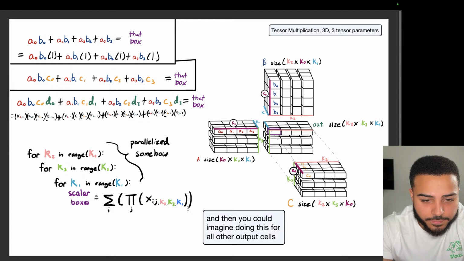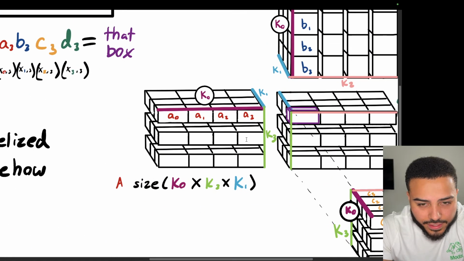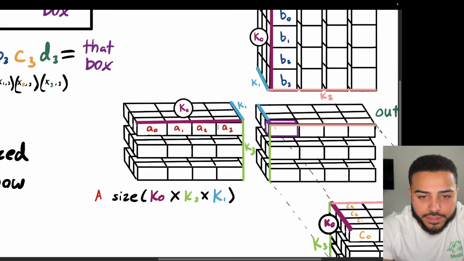I'll just point to one more. If you incremented K1, the first K1, I don't really know which direction these are going in, but say this was your first K1, then you're working with like this plane.